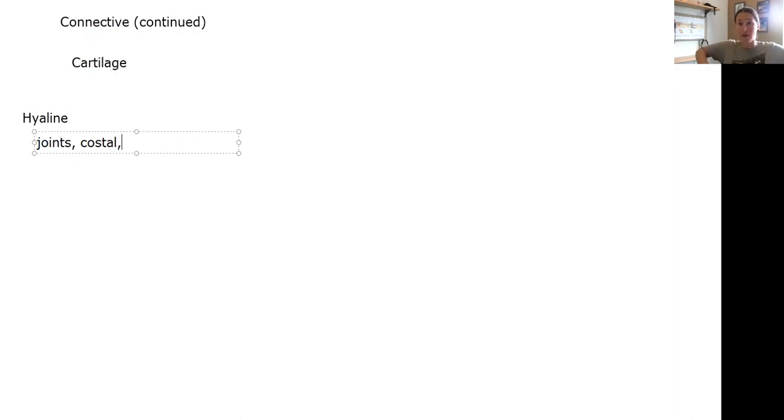So allowing you to inhale and exhale, your ribs kind of flex back and forth, so they have a lot of cartilage involved. So costal cartilages, so these are your ribs. And so mostly everywhere that you have cartilage is hyaline cartilage. This is also really important in the formation of bones to begin with.